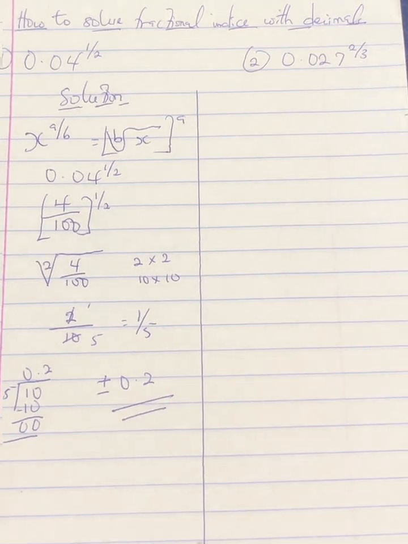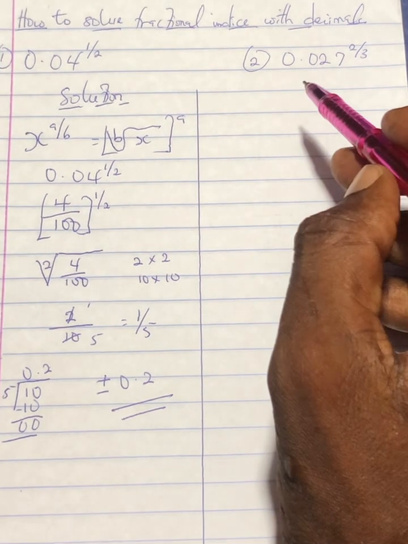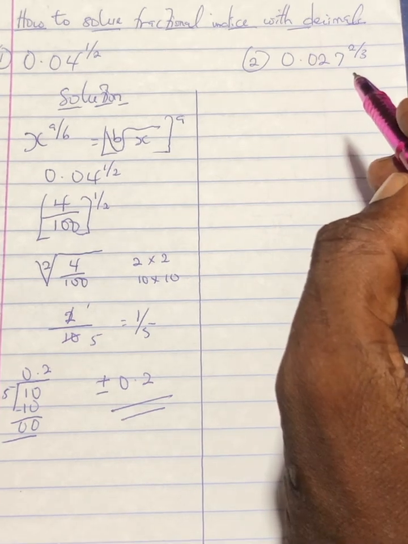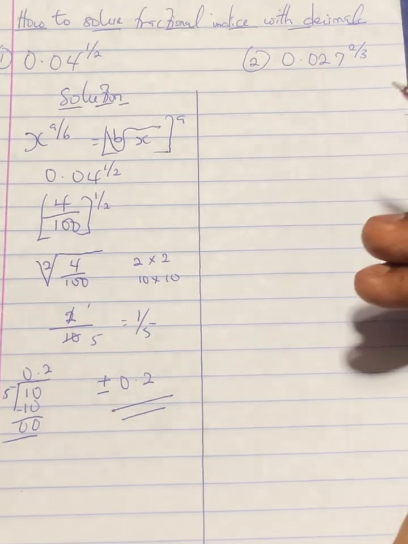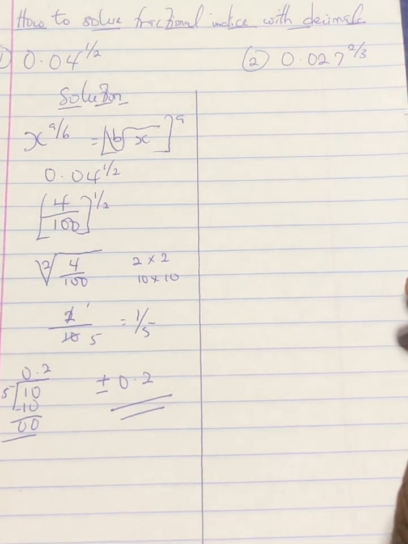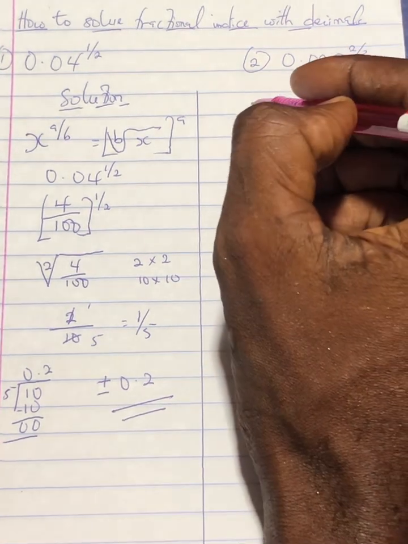Now, coming back to this one, where we are given 0.027 raised to power 2 over 3, we also go with the same method.